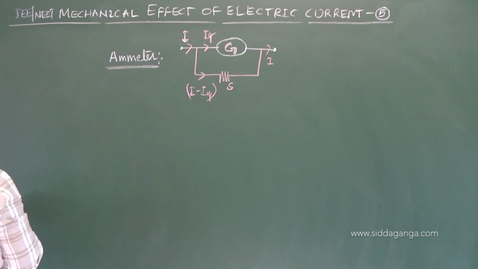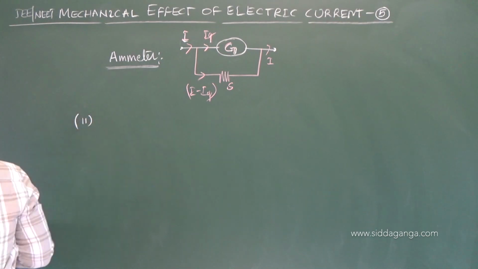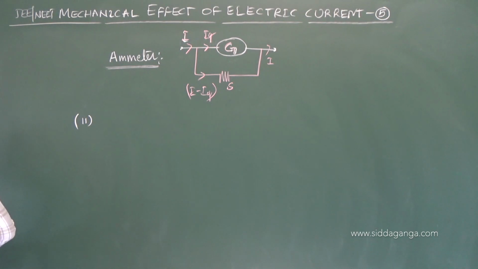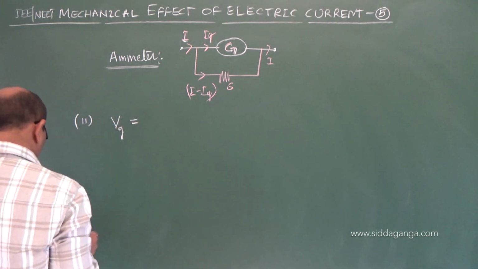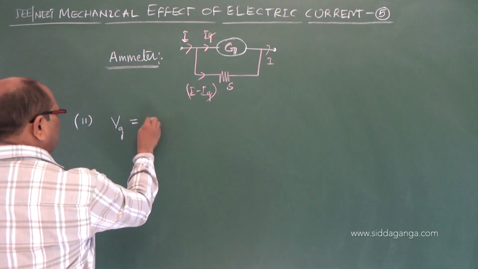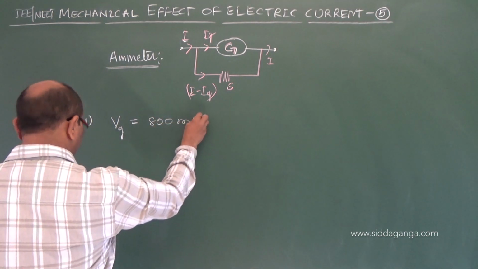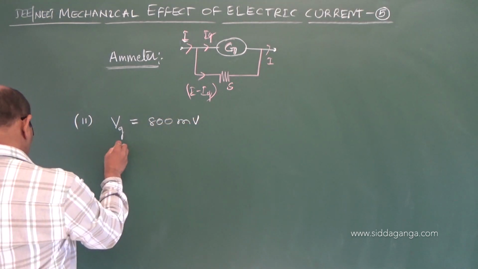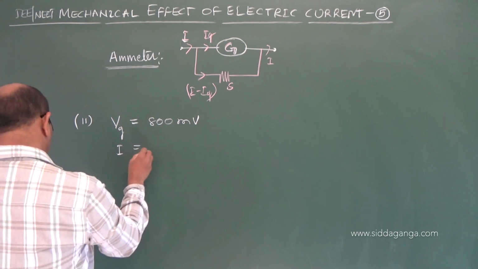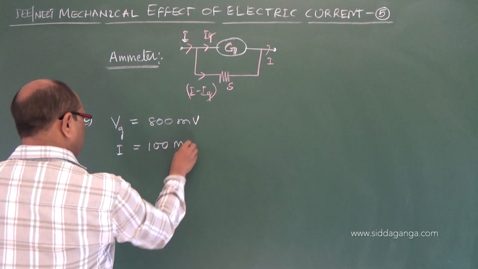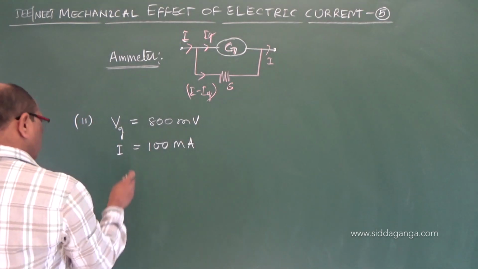So that is another one. You are given the maximum voltage measurable through the galvanometer is 800 millivolt and the current measuring is 100 milliamps, which you have to generate.